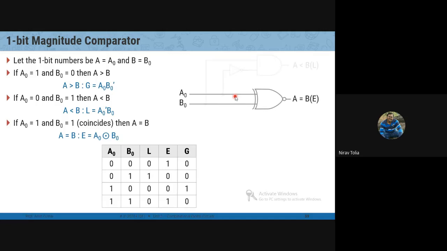The second equation is for the less than. So for less than we have the equation A0 dash B0. So from here I am taking A0 and giving it to the NOT gate, so here we have A0 dash, and B0, and give it to the AND gate.